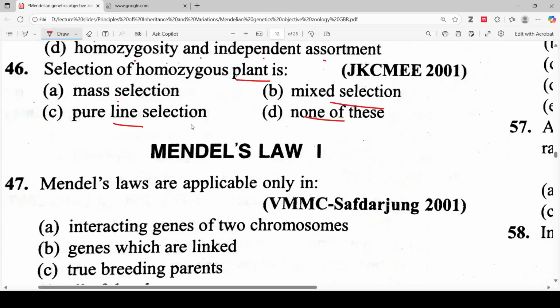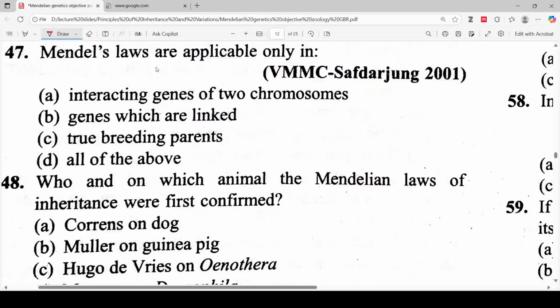So the correct answer will be option C, pure line selection. Next question.